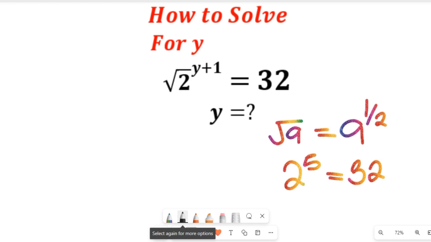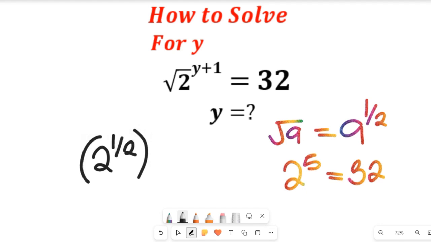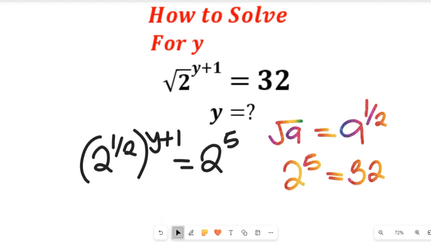If we apply this to the above equation, we're going to have 2 to the power of 1 divided by 2, all multiplied by y plus 1, and this will be equal to 2 to the power of 5. Great.